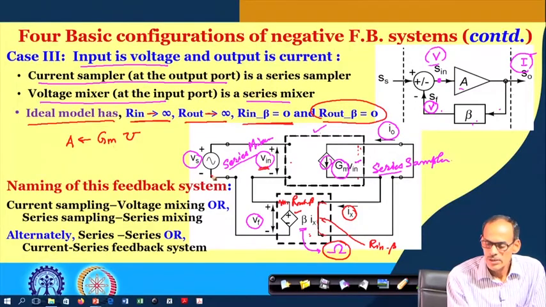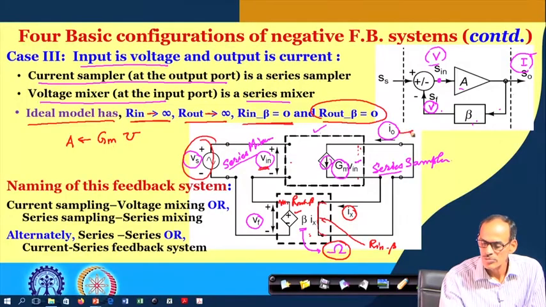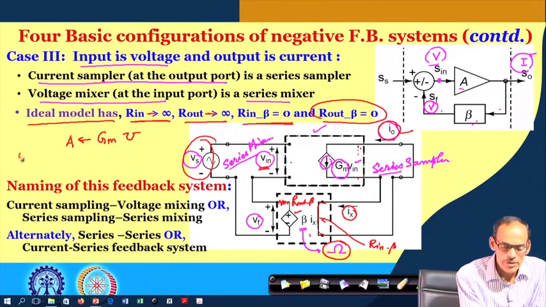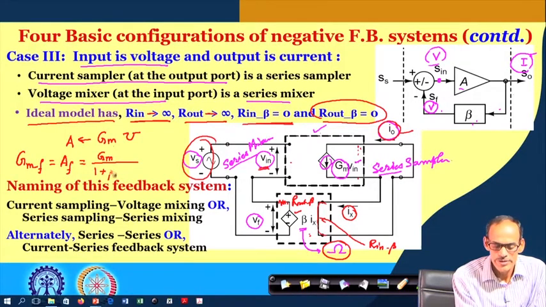Now, in this situation, of course, primary input to primary output transfer function, we can say G m f, or you may say that this is what A f. So, that is equal to A, which is G m divided by 1 plus beta into G m.